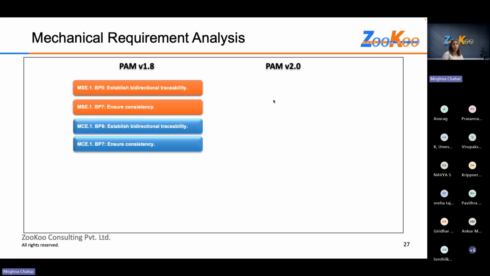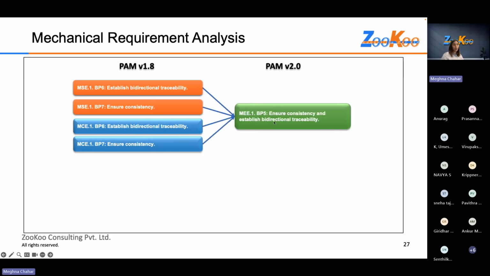Next, when I talk about traceability and consistency, previously, again because of 4.0 changes, consistency and traceability based practices have been combined together. And now when they're combining two processes, 4 BPs have been combined and linked with only one base practice, that is ensure consistency and establish bidirectional traceability.